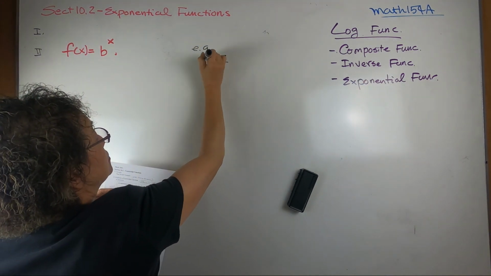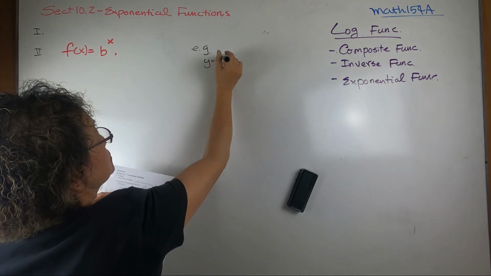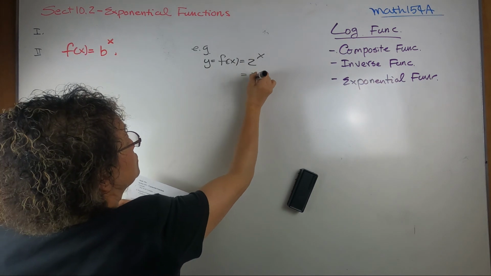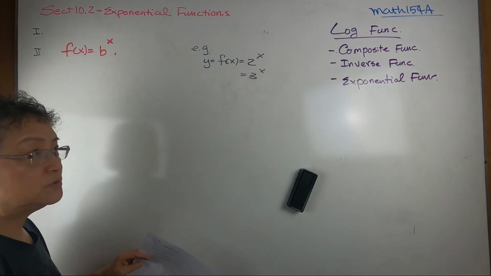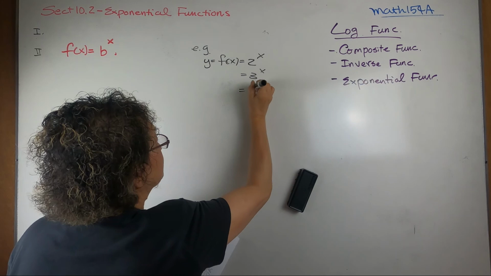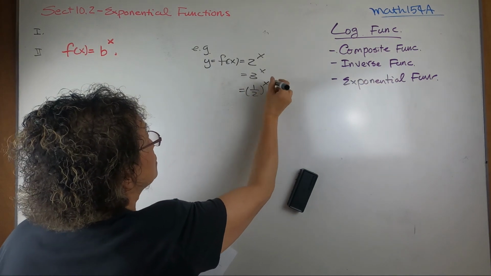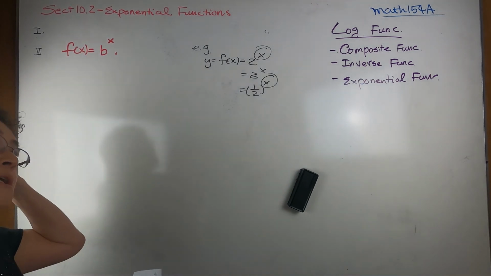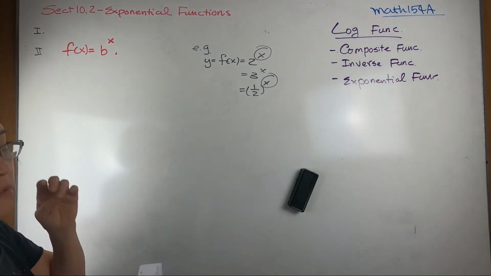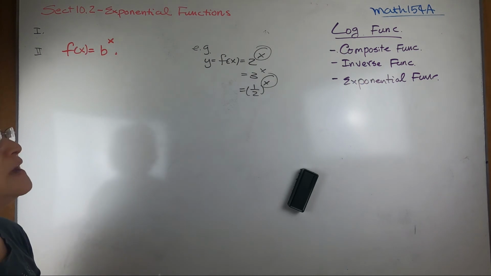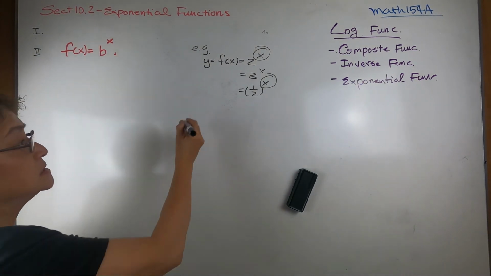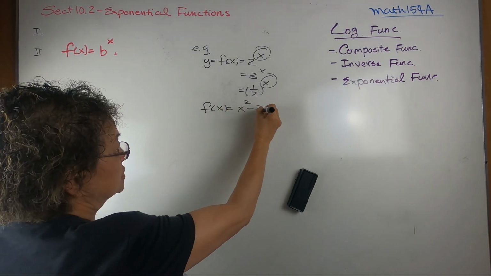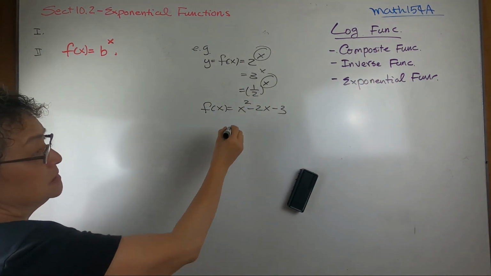Say f of x equals 2 to the x, or 3 to the x, 4 to the x, even half to the x power. Your x is in the exponent position, so we call it an exponential function.